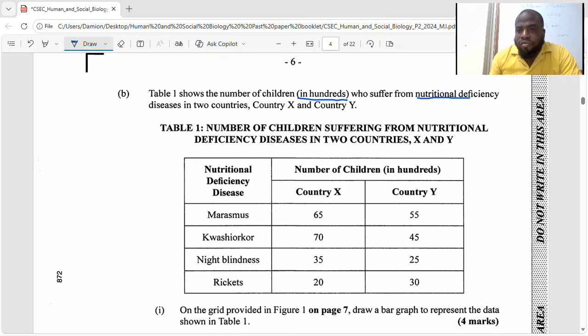That is the lack of a nutrient in the diet, in two countries, country X and country Y. So we're seeing marasmus, and if you know anything about that, that's a deficiency of protein. Kwashiorkor is also a deficiency of protein in the diet.